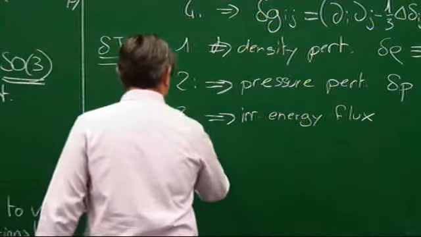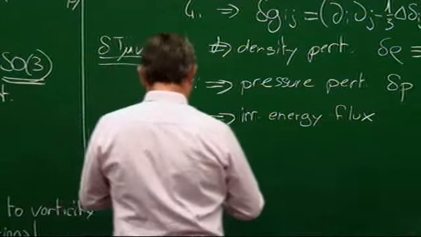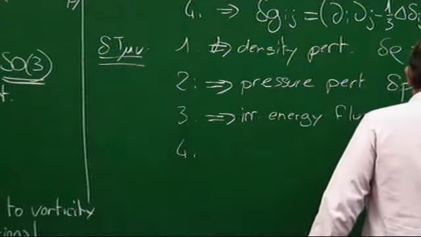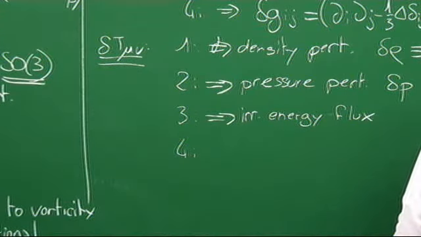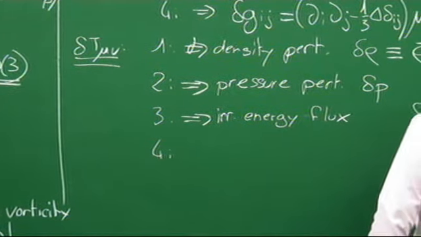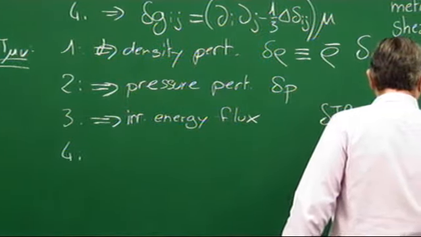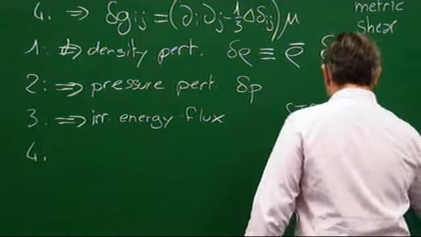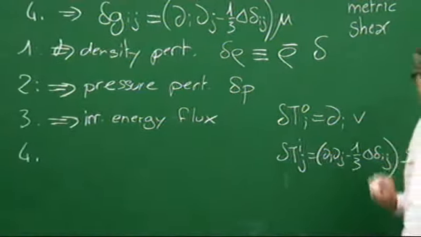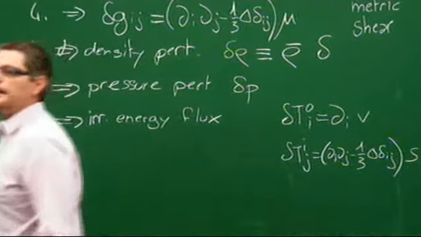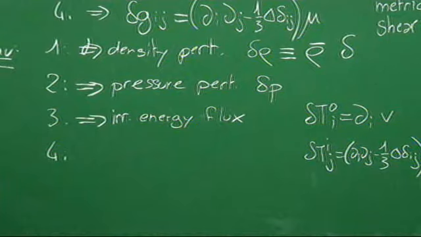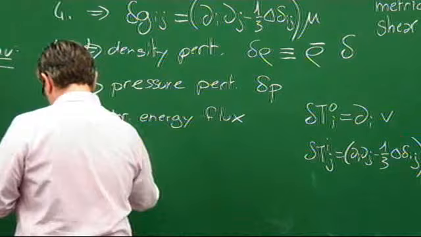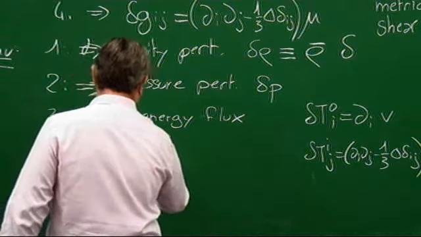And in the part that we call 4, that we can write, like for the metric, as delta Tij equal, and we use here the same traceless operator, this part is derived from a potential that I call S, and this represents anisotropic stress. When you have non-diagonal components in T mu nu, it means that you have anisotropic stress.